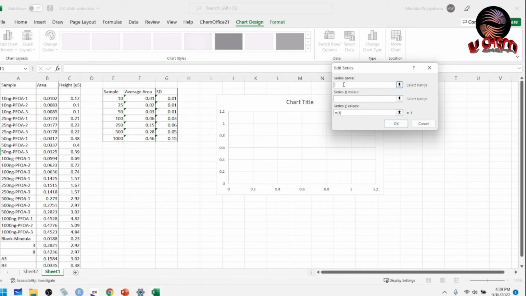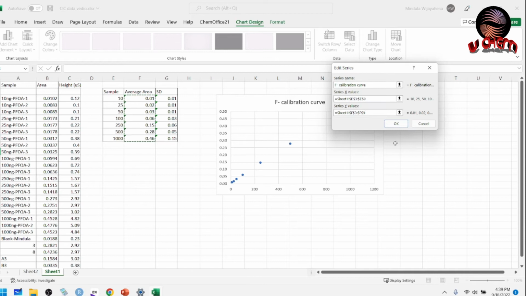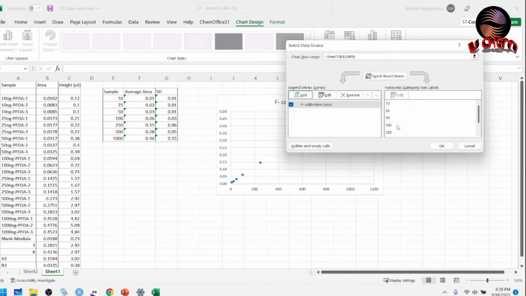Series name, fluoride calibration curve. X series, it's asking for X values. What are those? Obviously, those are the X values. And Y values, these ones, nice, hit OK.